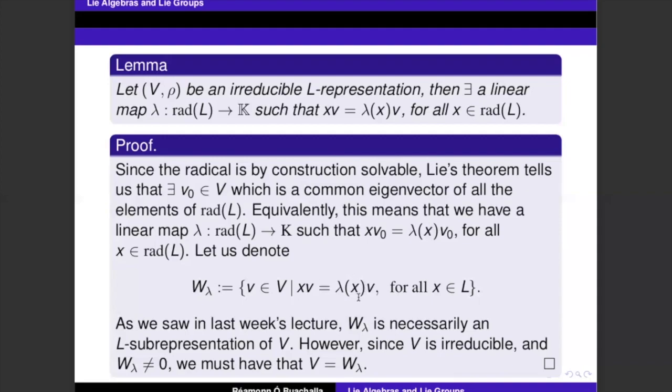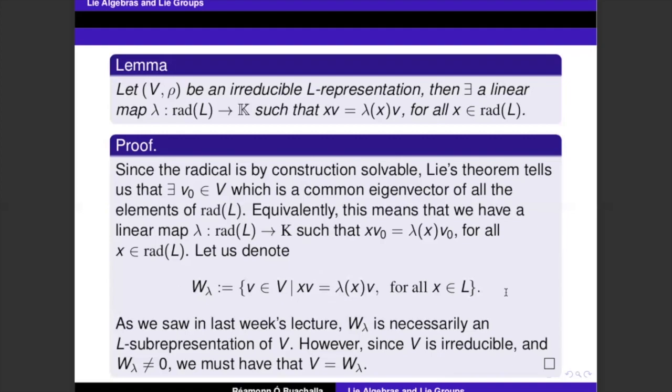The linear span, the one-dimensional space spanned by V0, is definitely contained inside here, but it is possible that it could be larger. We're just looking at the largest one that satisfies this identity. And in particular, we need to ensure this is non-zero because we have V0 inside there. We used the same argument last week.